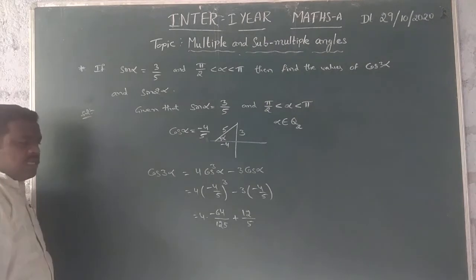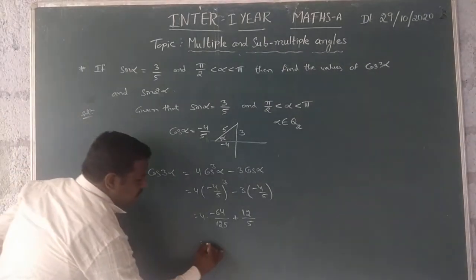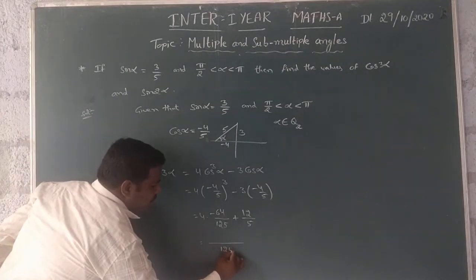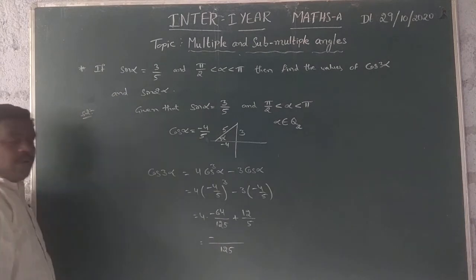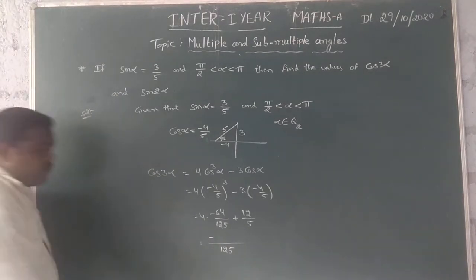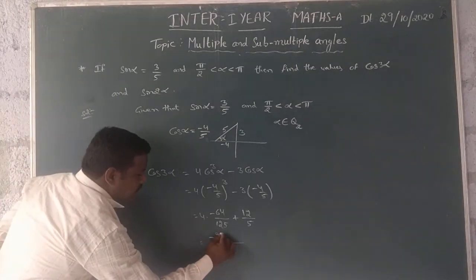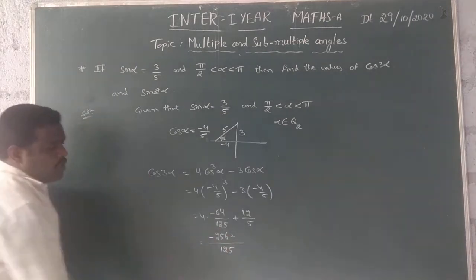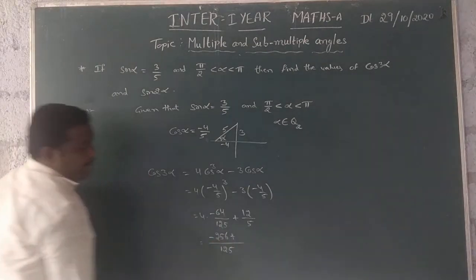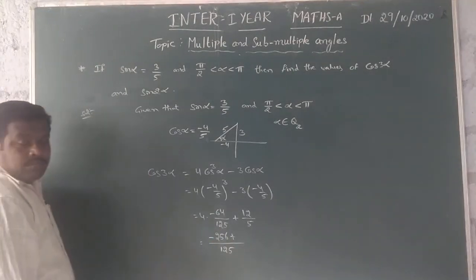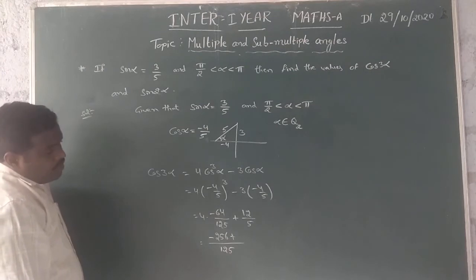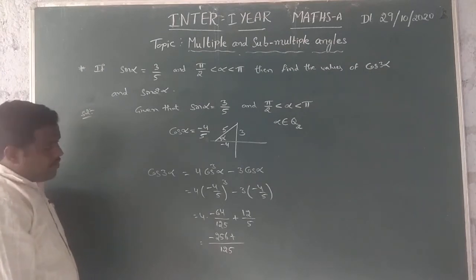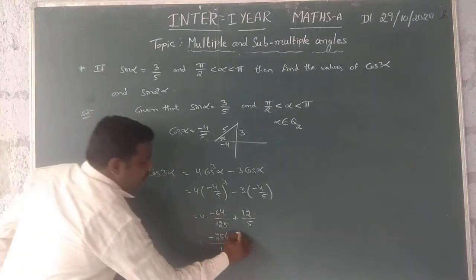So what is the LCM? 125 is the LCM. Minus 64 times 4, 256, plus 25 times 12, 300.